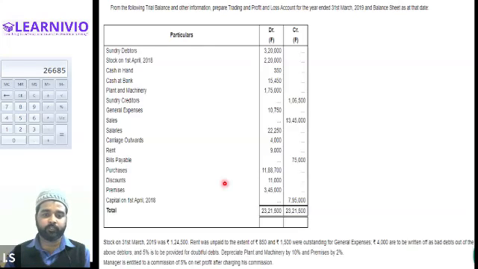And let me tell you the balance sheet figure as well. Both sides of the balance sheet, the liability and the asset side total, should be 9,36,100. So the asset side is 9,36,100 and the liability side should have the same figure.